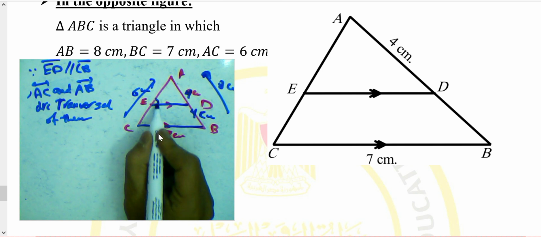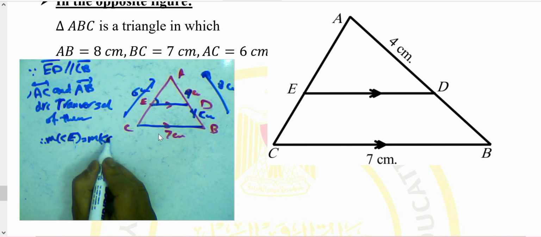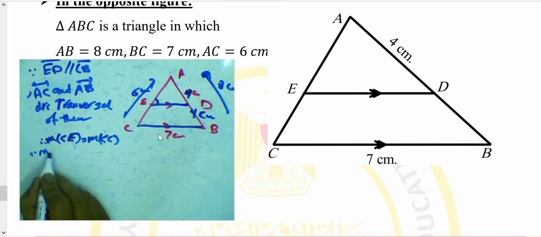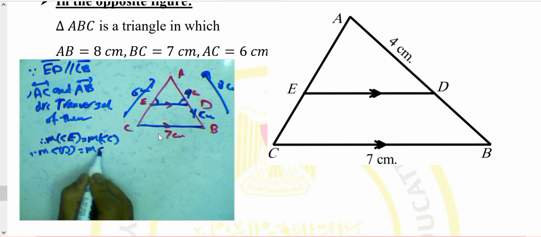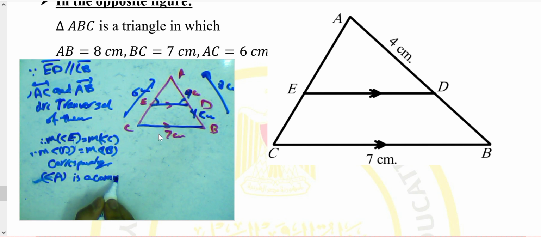Then the measure of angle E equals the measure of angle C, and the measure of angle D equals the measure of angle B. We call them corresponding angles. And then we have angle A, which is common between the two triangles.